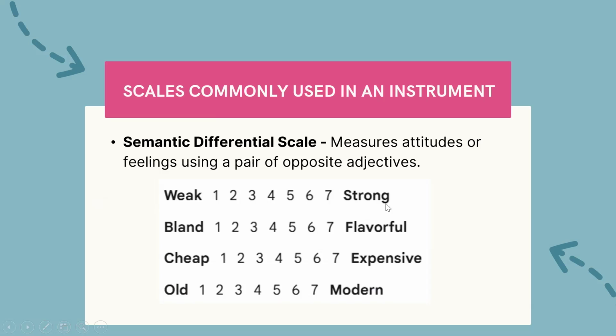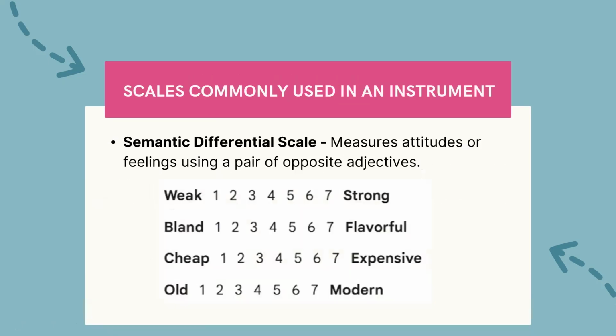So two opposite adjectives in order to measure certain behaviors: bland, flavorful, cheap, expensive, old, and modern. And as you know, these discussions that we have here are also anchored in our practical research book. So for more references, you can also browse your books in order to have more information.